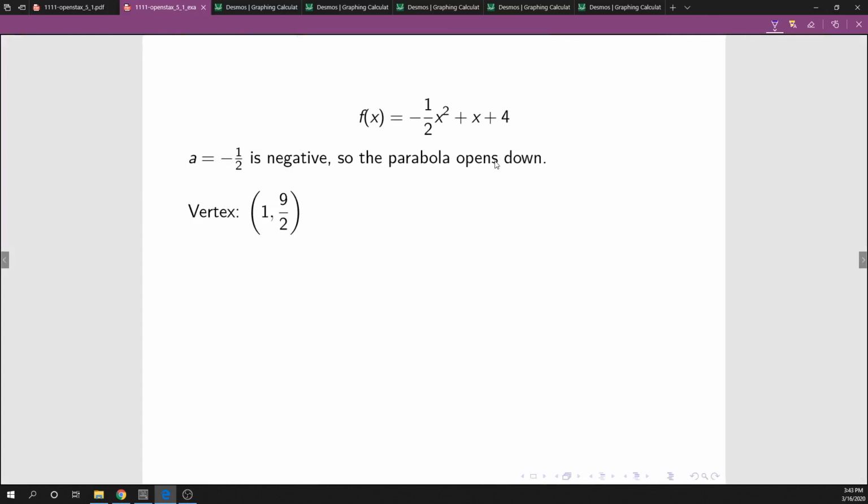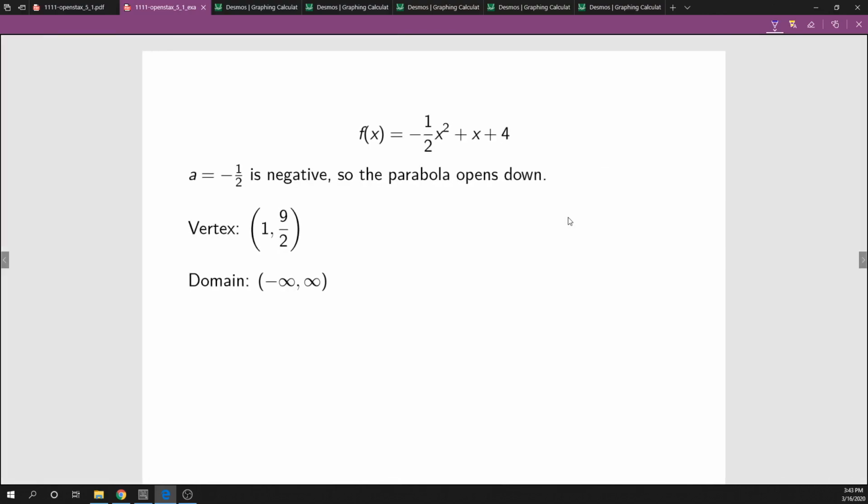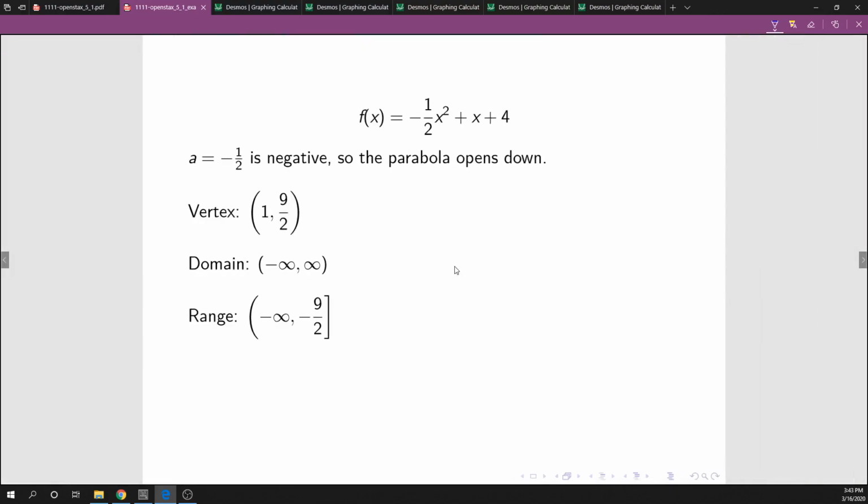And in the previous video, we found that the vertex was (1, 9/2). These two pieces of information are not really important for the domain, because the domain of every quadratic function is the same, all real numbers, but they are important for figuring out the range.